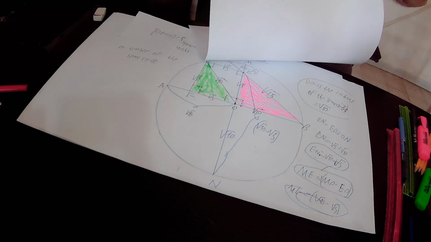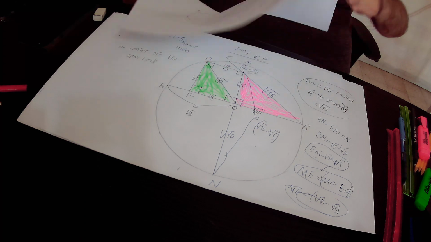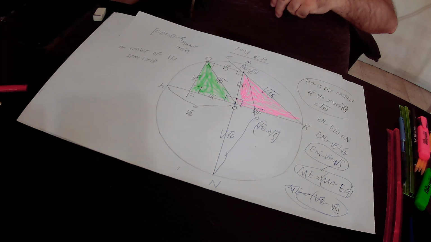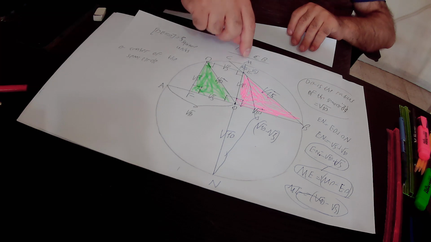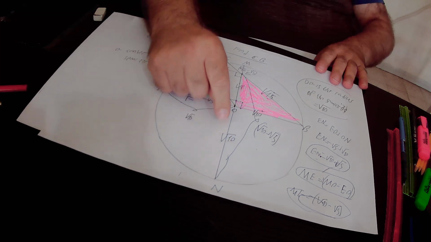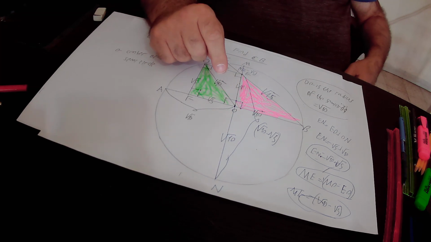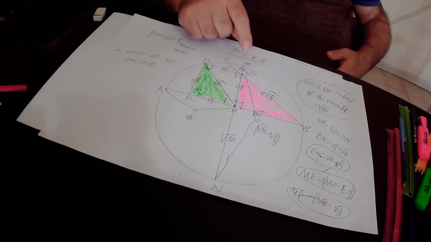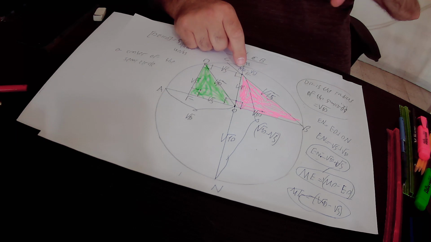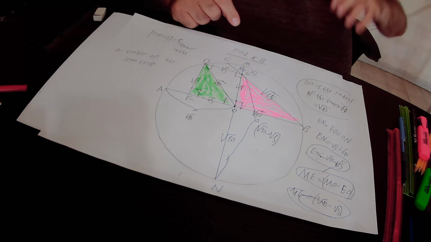Why? Because in our drawing we have chord MN, which passes through the center of the circle and intersects with chord CB at point E. Point E is the intersection point between the two chords.